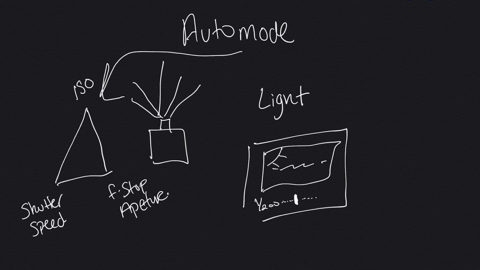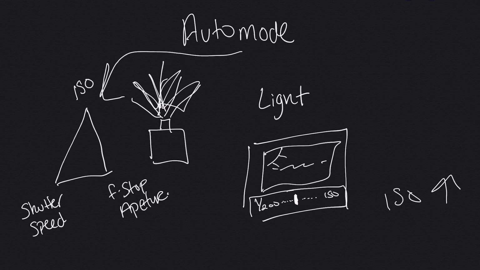And then on this side is usually the ISO. So your camera is literally out here looking at the scene, and it changes. So if you ever put your camera in auto mode, look at these things change at the bottom of your viewfinder when you're looking through. Because as you move, if it's darker, it might automatically increase the ISO, or it might decrease the shutter speed.